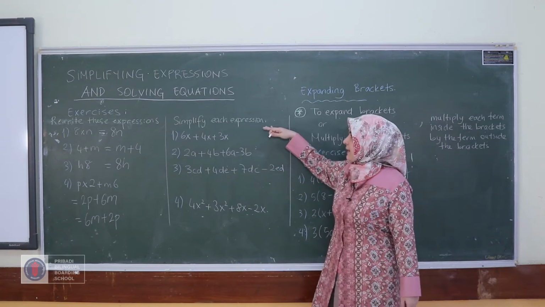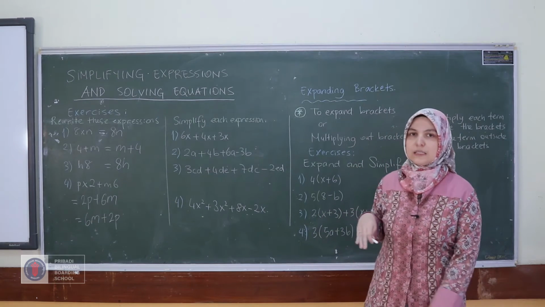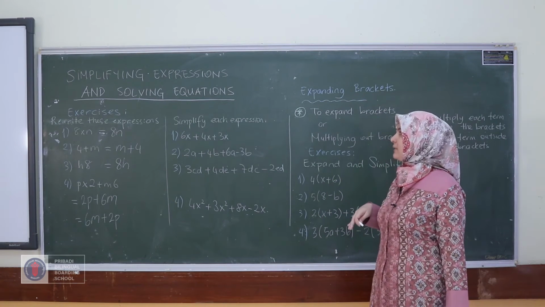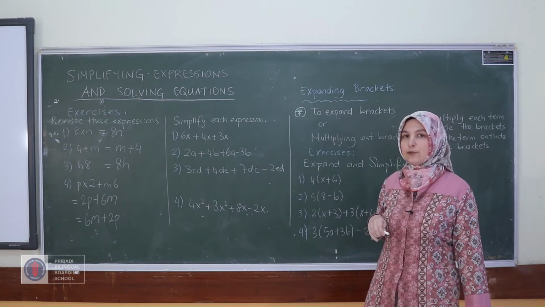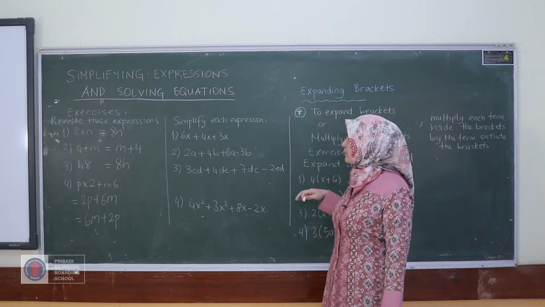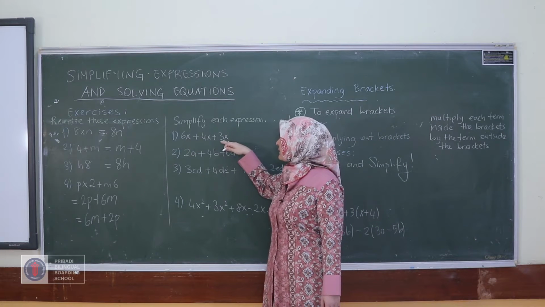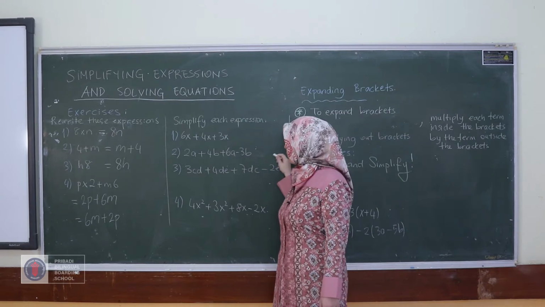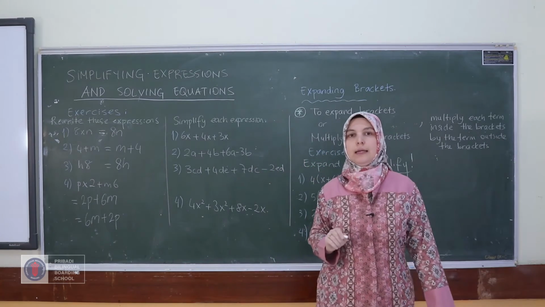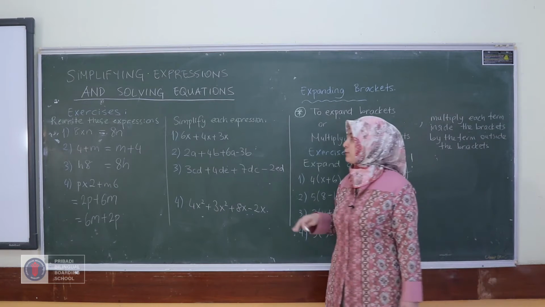And the next exercise is about simplifying expressions. For this one, let's remember about collecting like terms. As I told before, like terms include the same letter, or sometimes only a constant number, not including any letter. For that kind of terms, we call them like terms.